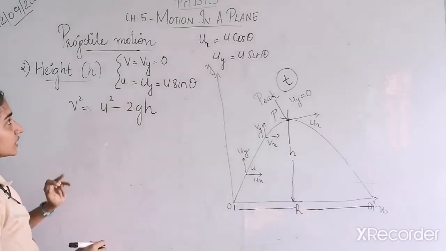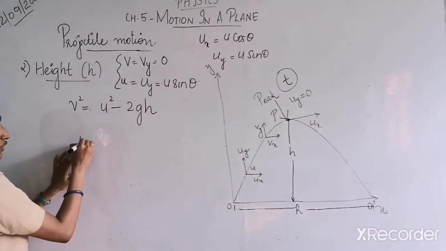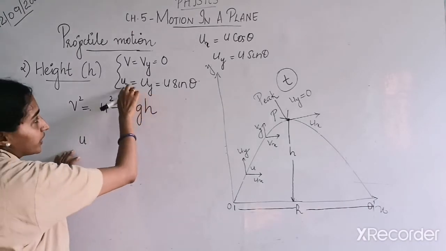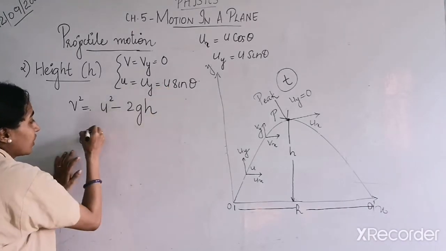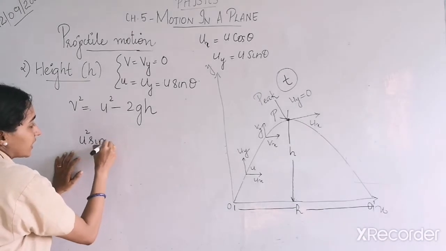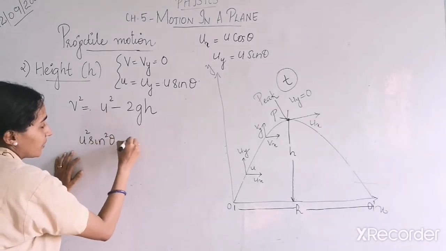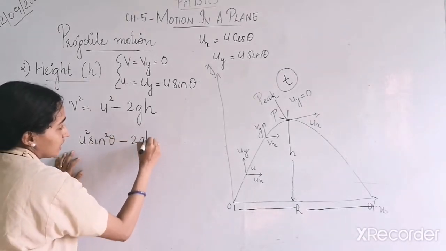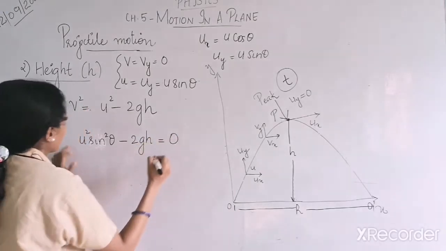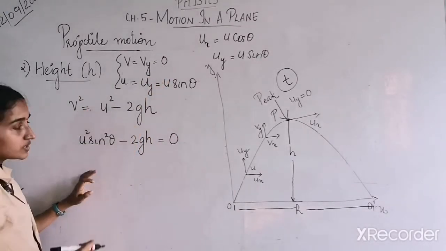Now in this equation I am going to substitute these conditions. Instead of u square you can write uy square, or u square sin square theta, minus 2gh is equal to v square, and v is equal to 0.